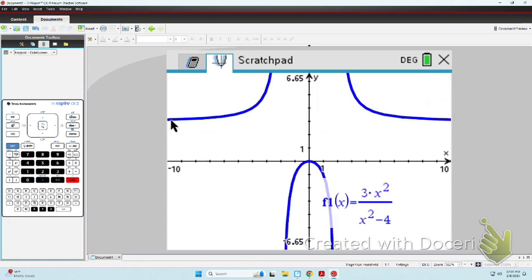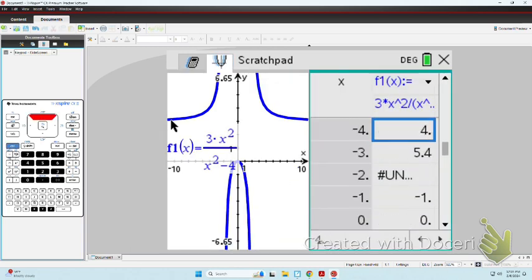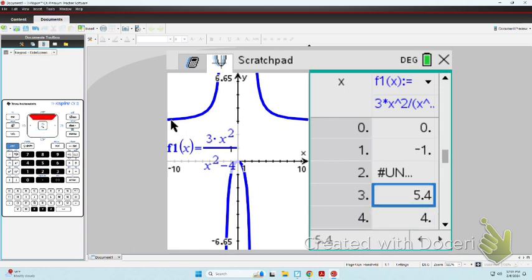And sure enough, we have 3 different parts. Control T, that'll tell us our values. So we want 4, 5.4, -1, -1, 5.4, and 4.